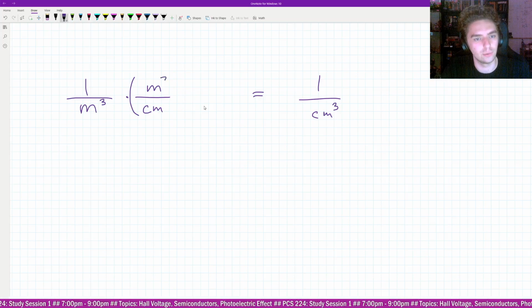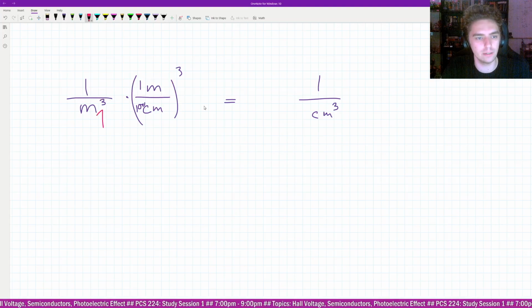But it doesn't quite work like that because the actual conversion factor is 1 meter has 100 centimeters. So this is backwards from what we were doing in the question. If you were to do it the other way, it would just be flipped over. Does that make sense? All I'm saying is that if I want to get rid of this variable, I need it on the top. How many times? 3 times. So just do the conversion factor and then put it to that power.